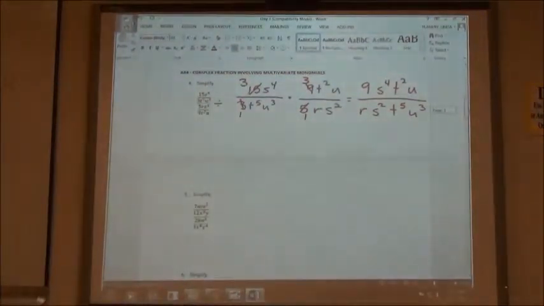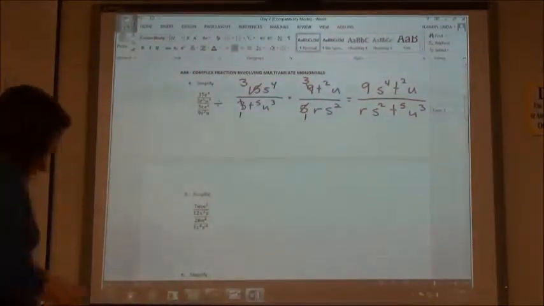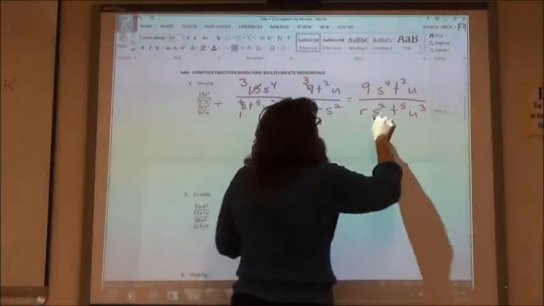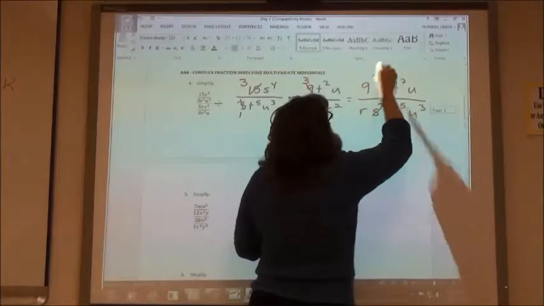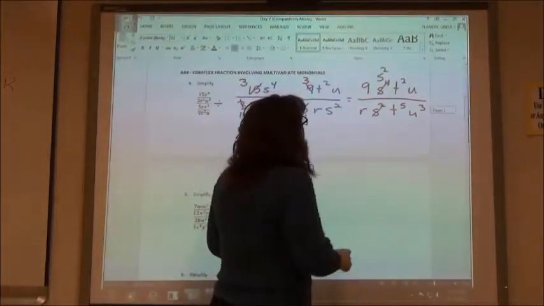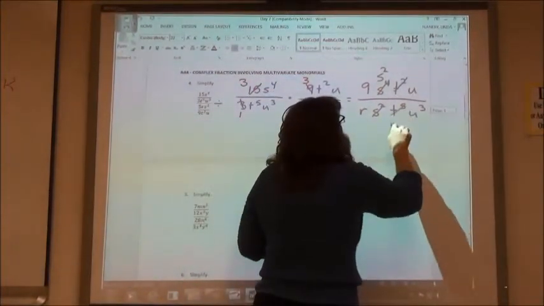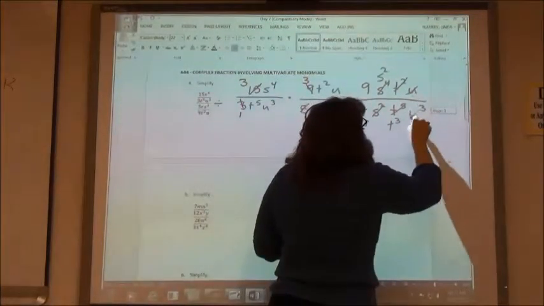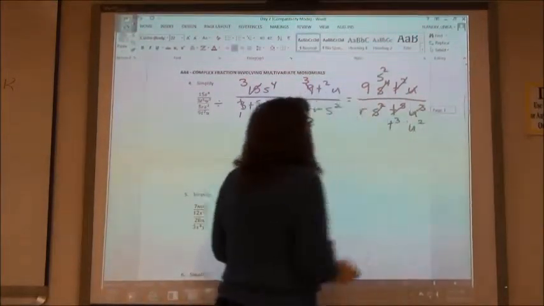Because then I'm going to do some canceling, right? So I can take out 2 of my s's, which means I'm going to have an s to the 2nd on top. I can take out 2 of my t's, which leaves me a t to the 3rd on the bottom. And I can take out 1 of my u's, which leaves me a u to the 2nd on the bottom.